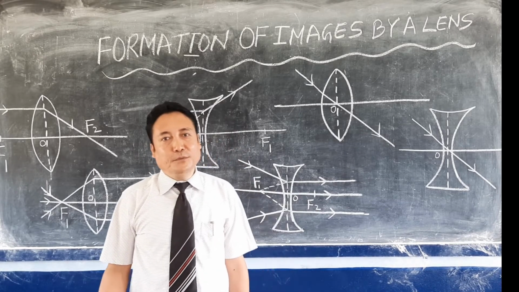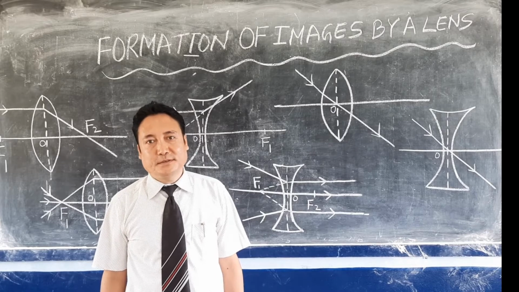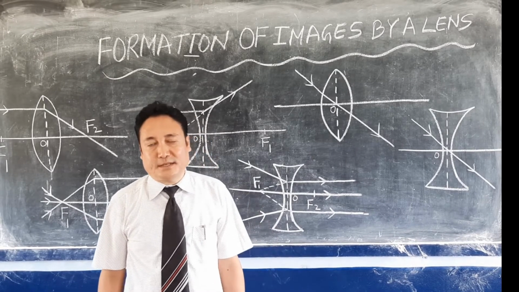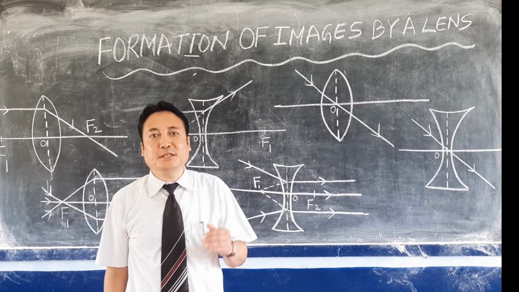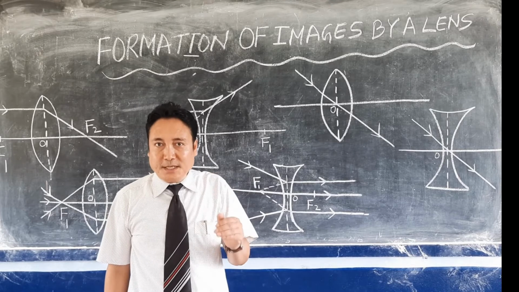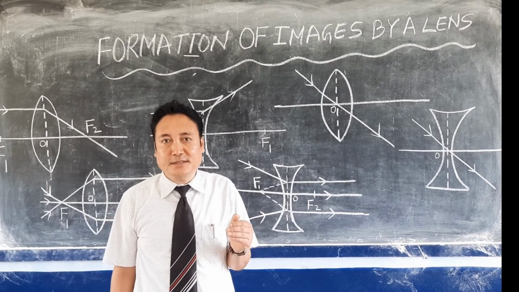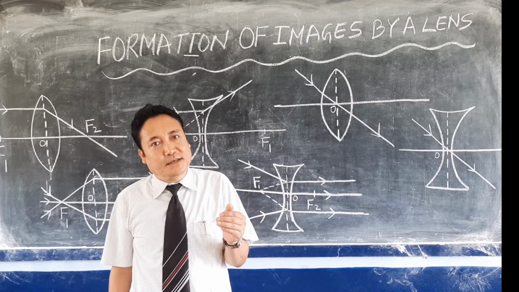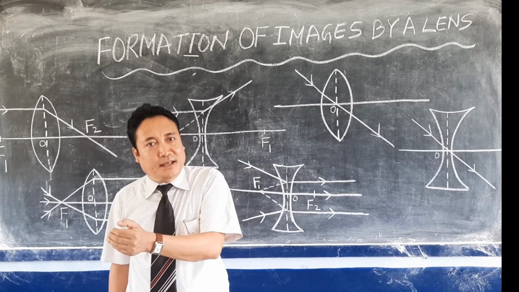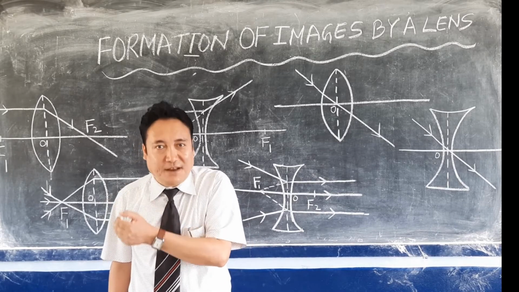Before we go through this, let us consider an object placed in front of a lens. When the object is placed in front of a lens, the light from the object falls on the lens and gets refracted.